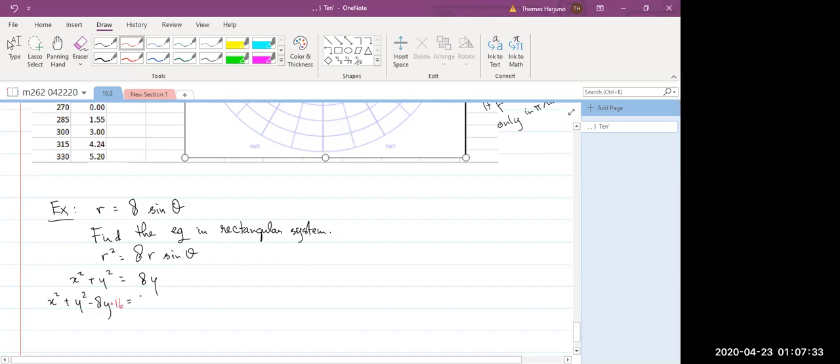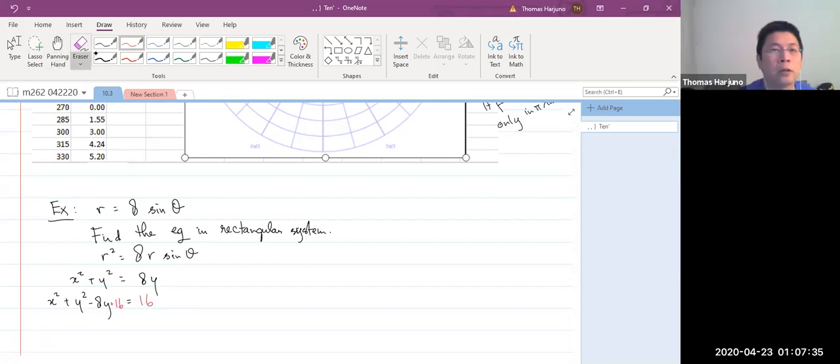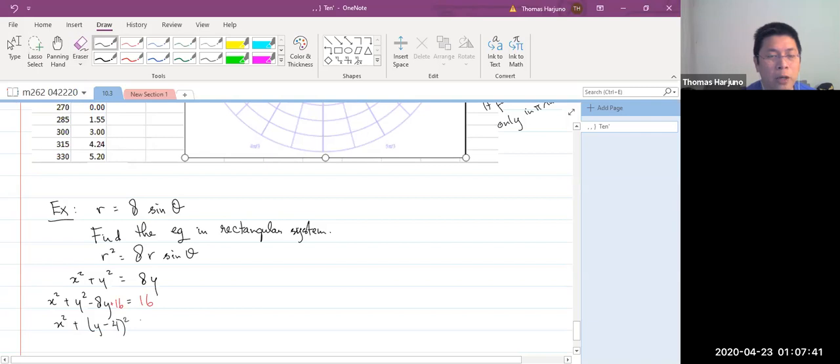We add 16. That will give us x squared plus y minus 4 squared equals to 4 squared. So that's a circle centered at 0, 4 and radius is 4.